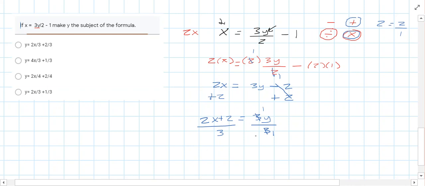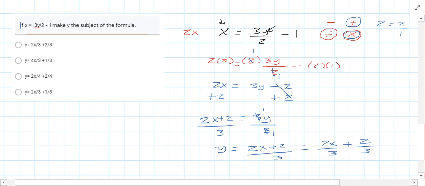So I'm just going to write it: y is equal to 2x plus 2 over 3. And what this means is that's equal to 2x over 3 plus 2 over 3. So essentially, you're dividing this term and this term by 3. You can write it like this, but when it's written out properly, this is the way it will be.